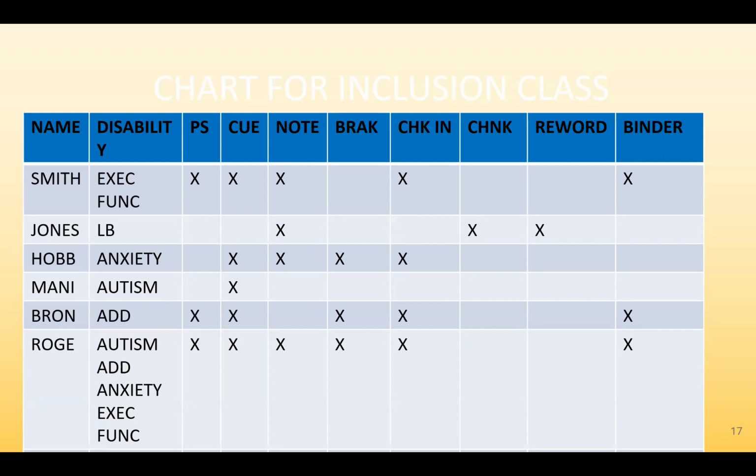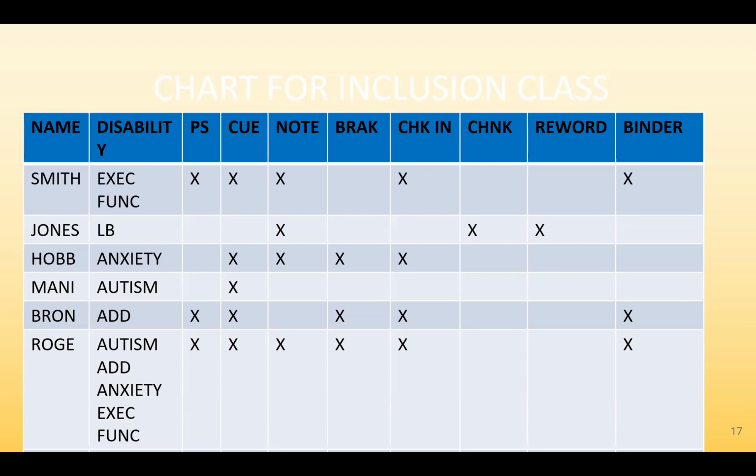Across the top, in this case, there is a list of some of the most common accommodations that you will see on an IEP, and they're abbreviated. They're my abbreviations, so PS stands for preferential seating. Queuing means you have developed a system of queuing, to cue the students to certain behaviors.